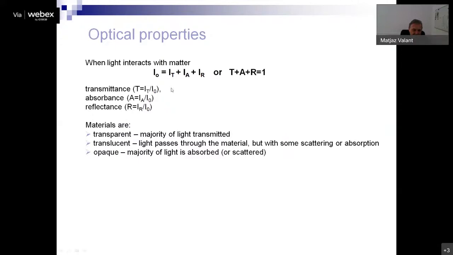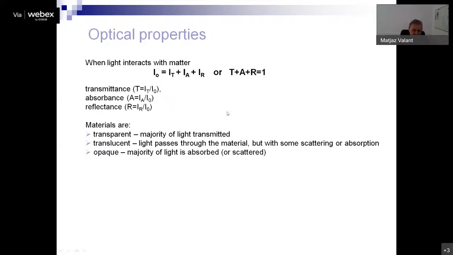Altogether, this should really sum up to the energy of the incident beam. So the intensity that is transmitted, the intensity that is absorbed, and the intensity that is reflected must be the same as the intensity of the incident beam.